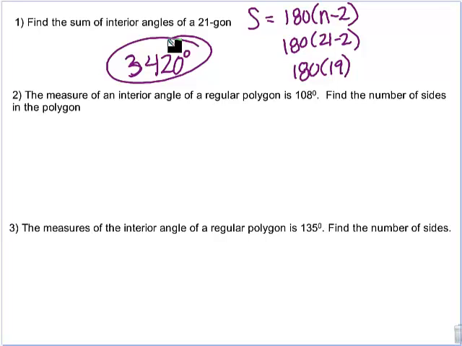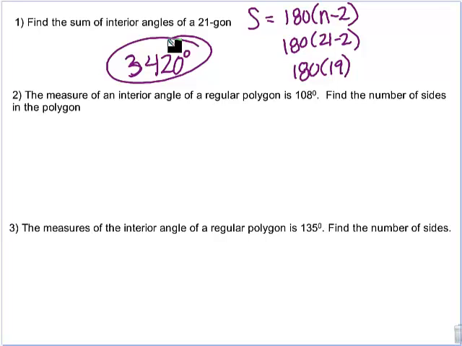All right, number 2. The measure of an interior angle of a regular polygon is 108. Find the number of sides. So if each interior angle is 108 degrees, we want to find the number of sides. So what do we use to represent the number of sides in our formula? N. Okay. So what would be the total sum?